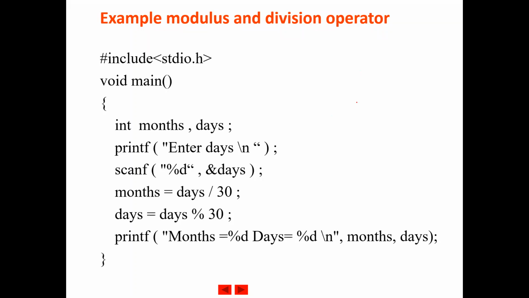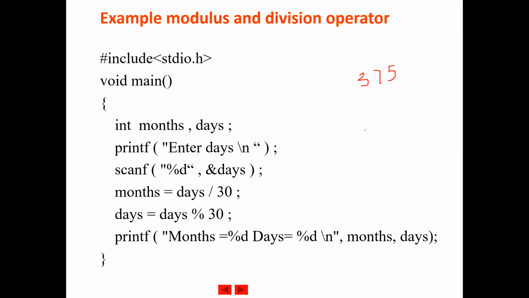Suppose I am given 375 days, and I am asked to give the number of months and the number of days. After making months of 30 days, how many days are remaining, that has to be given as the number of days.